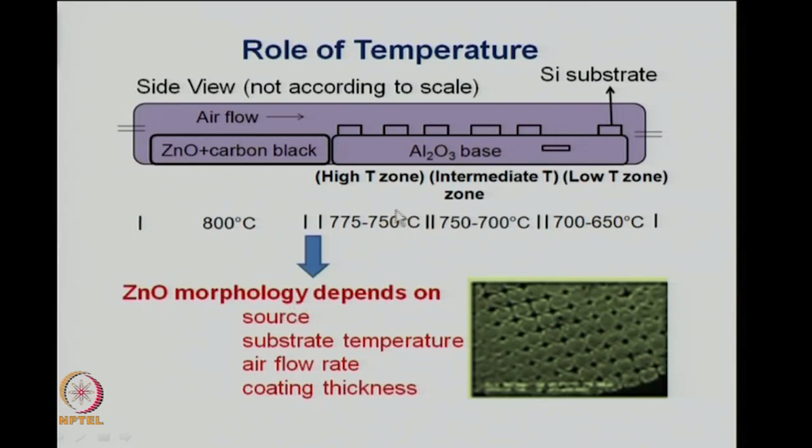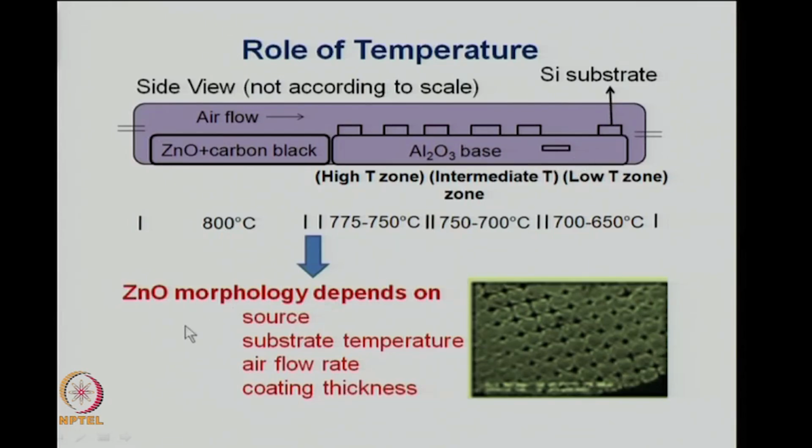Okay. So, the substrate temperature is what is being controlled here, the silicon substrate, and the zinc oxide is being volatilized from this part which is at 800 degrees and is being carried to this part of the furnace by an air flow, and there it will deposit on these and growth will take place.